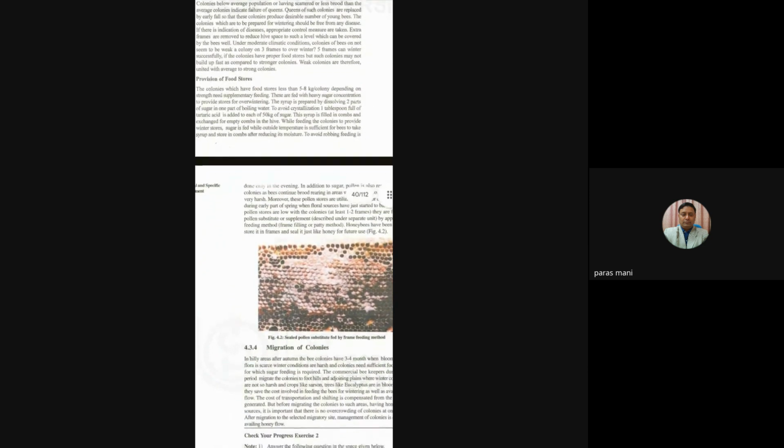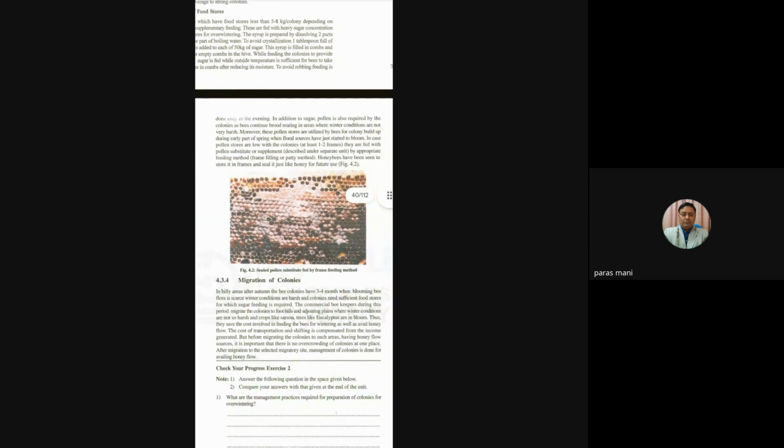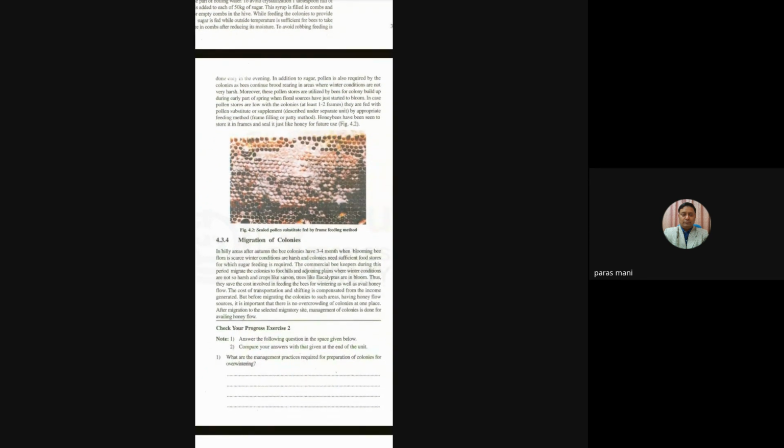And the provision for food storage, you should keep the honey reserved in the colony itself. You should not extract the honey completely. And if it is not available, again you have to give artificial feeding.